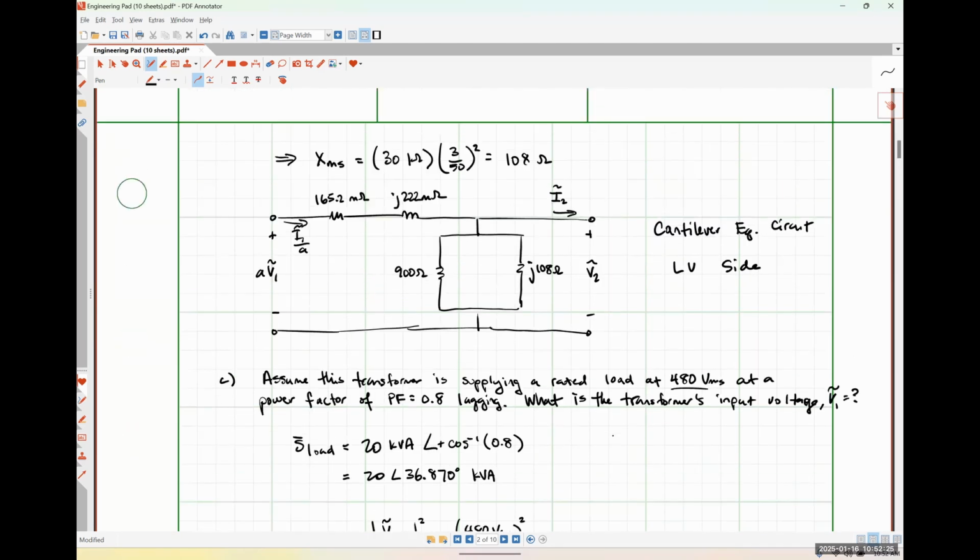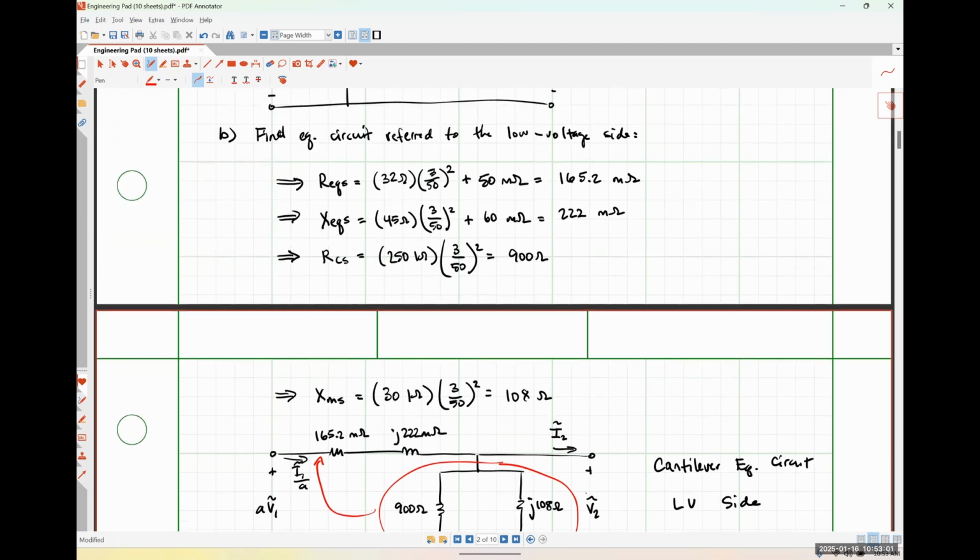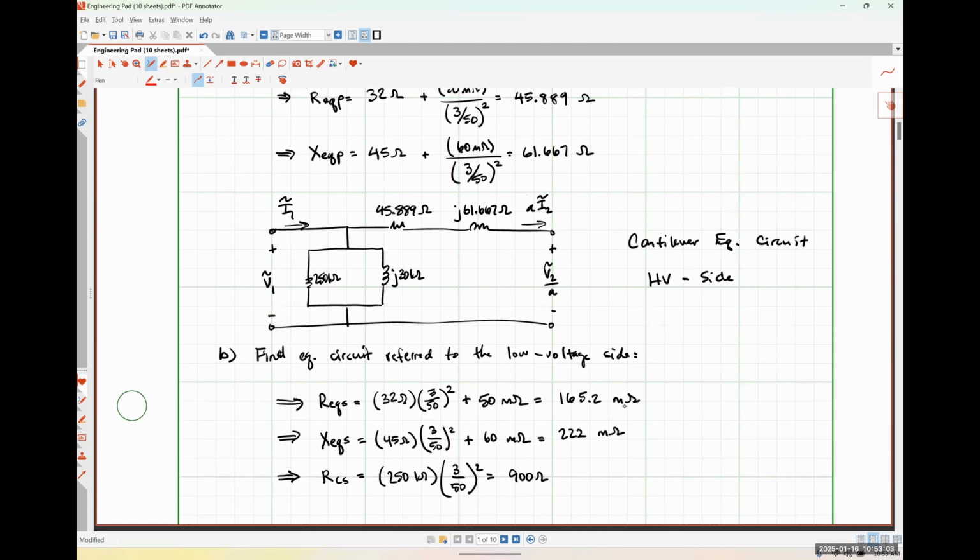Hold on, let me look at what I did here. I did this slightly differently in my original notes. Realistically, I'm going to take this guy right here and move it to the left-hand side of my impedance, just so that my two cantilever equivalent circuits effectively look like the exact same thing.